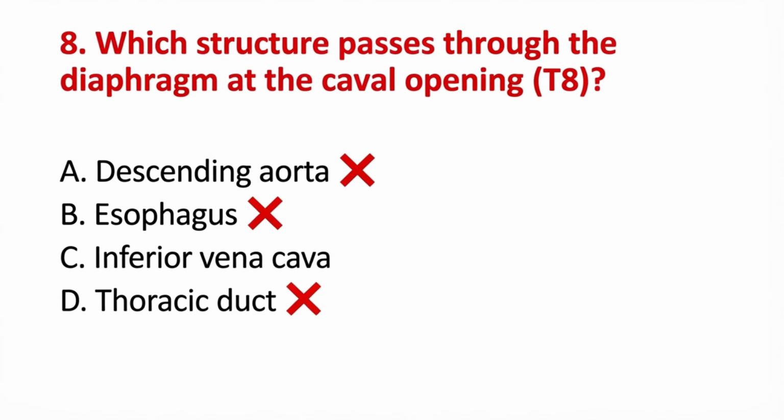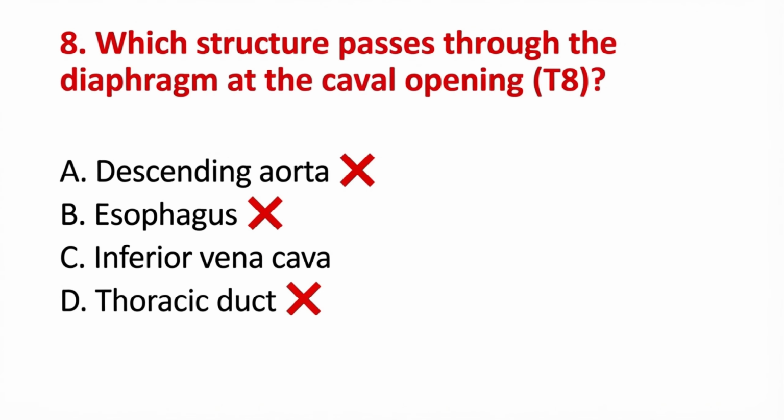Option B is incorrect because the esophagus passes through the esophageal hiatus at T10. And finally, option D is also incorrect because the thoracic duct accompanies the descending aorta through the aortic hiatus at T12, not at the caval opening.